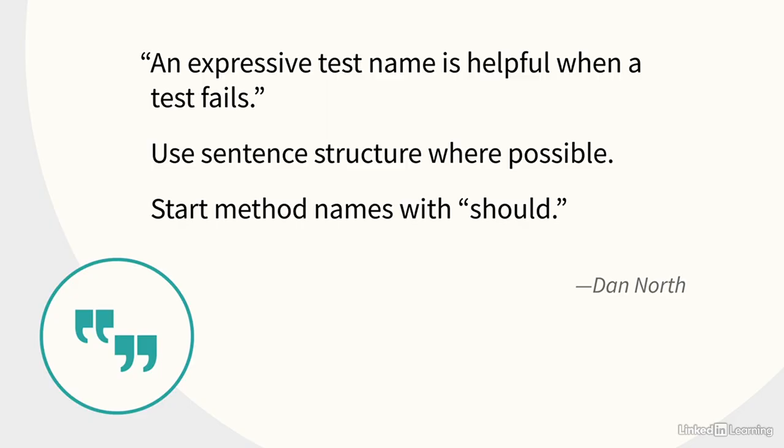This echoes the sentiments conveyed earlier in this video. Second, use a sentence structure where possible. This helps express the intent of the test. Finally, start method names with should. This concept accentuates that the class we're testing should do something. It should have a single responsibility. So the class should do something, and the method we're testing should behave in the way we planned.